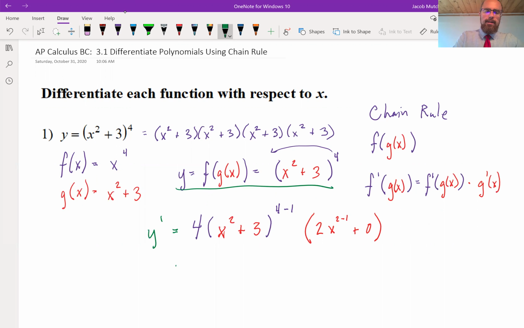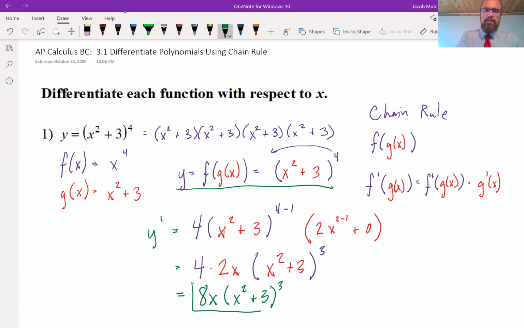So y prime is 4, and I put the simplified derivative of g, 2x, times again (x squared plus 3) to the power of 3. As a final step, I'll record this as the product: 8x times (x squared plus 3) all to the power of 3. And that is our final answer for the derivative.